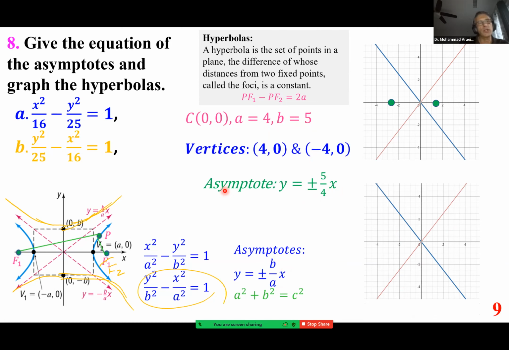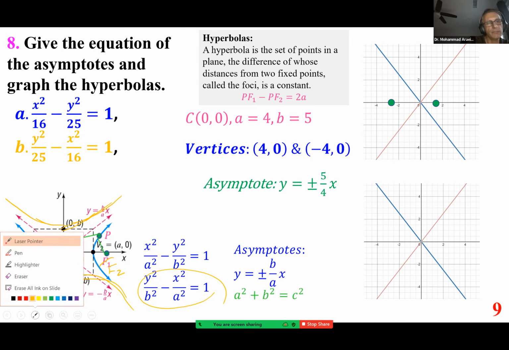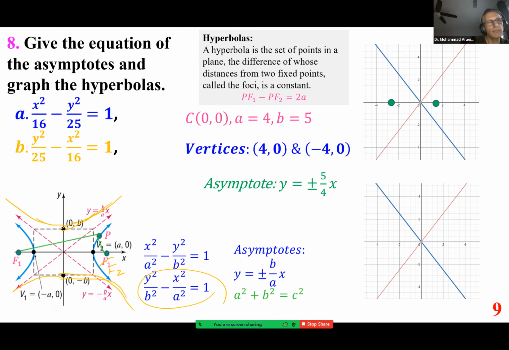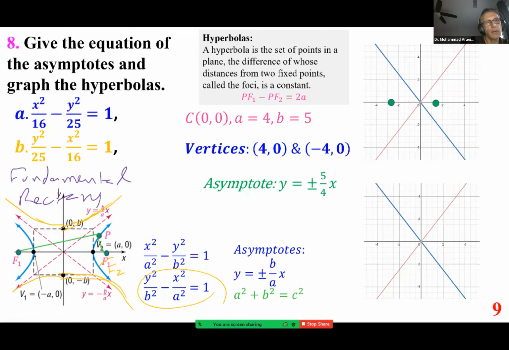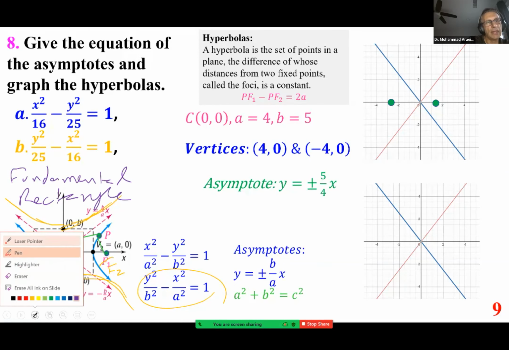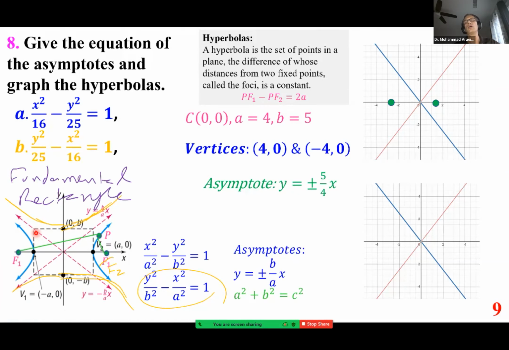By the way, before we continue, this is a rectangle that is called a fundamental rectangle. The purpose of that is to help us draw the two asymptotes.